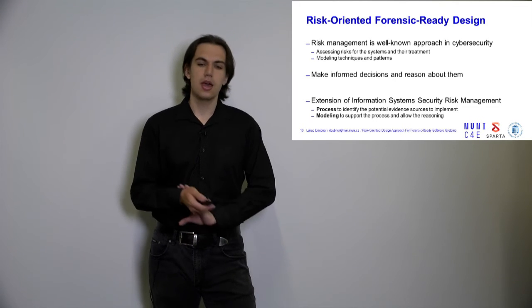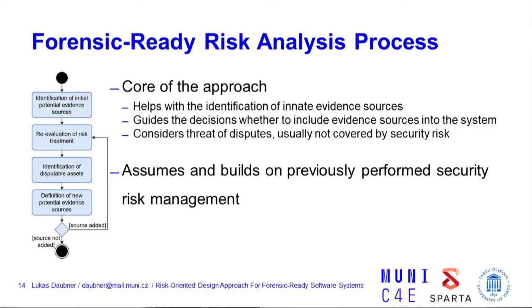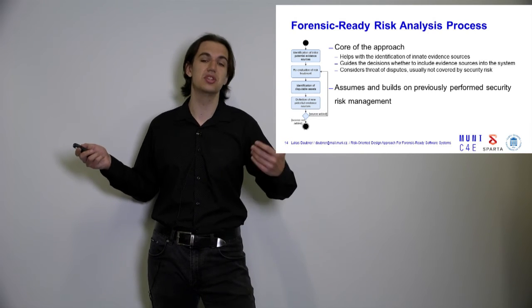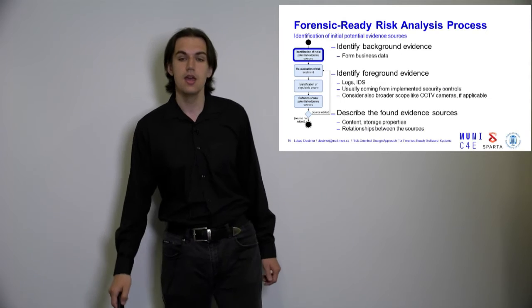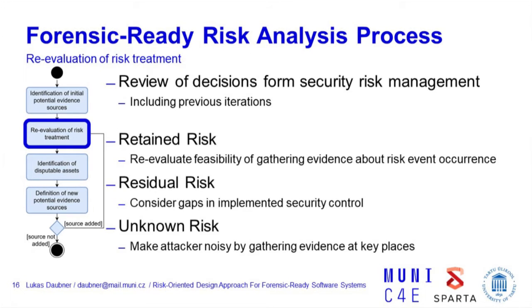One is the process, and the second is the modeling phase, which I will go through now. This is the process, the core of our approach, and as I mentioned, it assumes that cybersecurity risk management was done previously. First, we want to identify some background and foreground evidence based on what we already have and describe those sources.